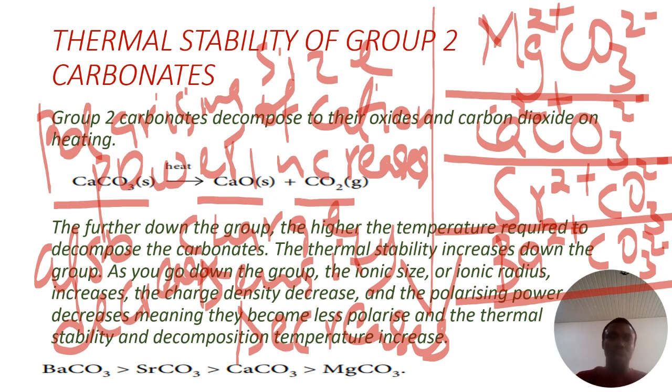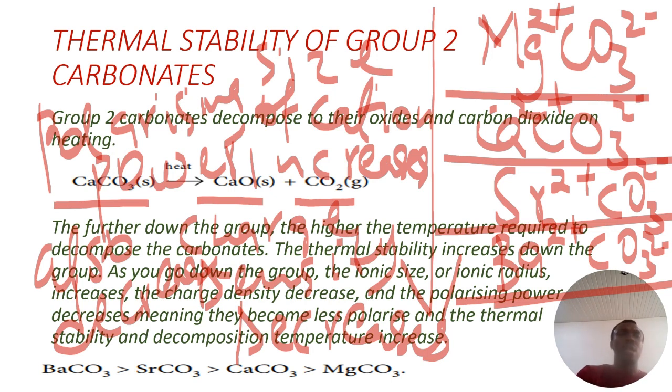Because as you go down the group, the size of the cation increases, the charge density decreases, the polarizing power also decreases. So magnesium carbonate is the most polarized, and barium carbonate is the least polarized. So barium carbonate has the highest decomposition temperature and is more thermally stable, while magnesium carbonate has the lowest decomposition temperature and is the least thermally stable.